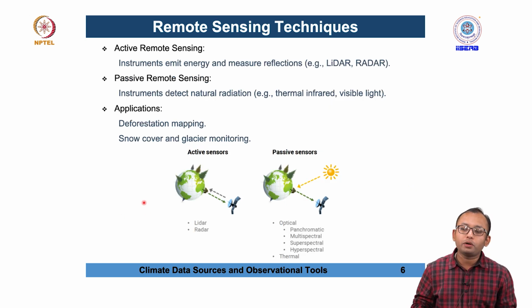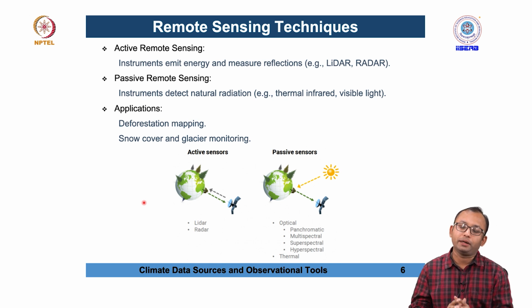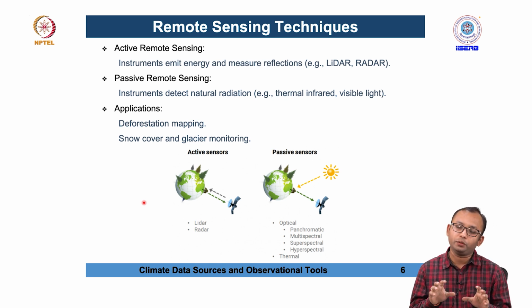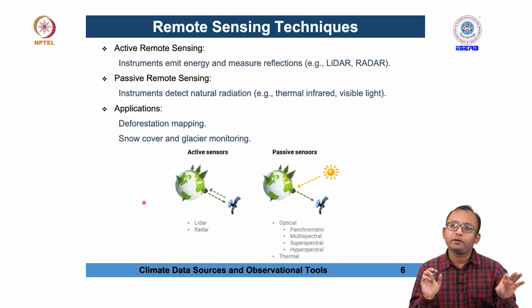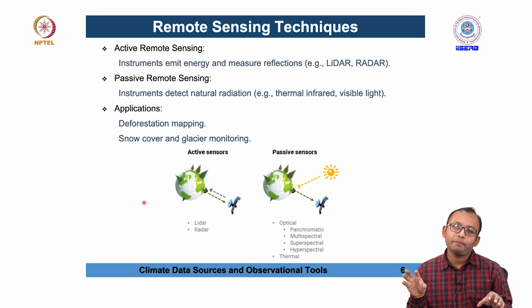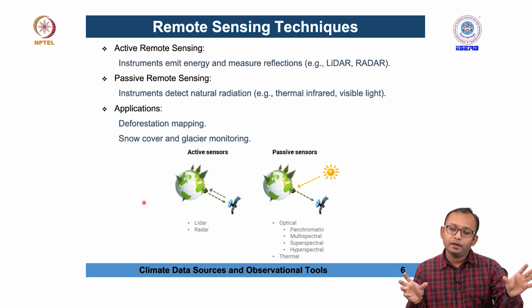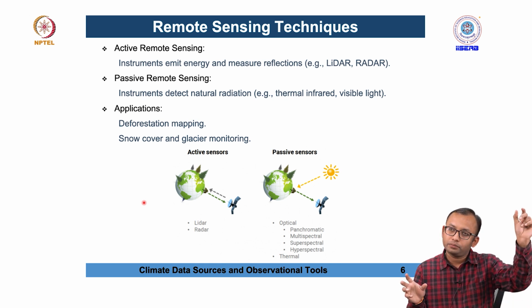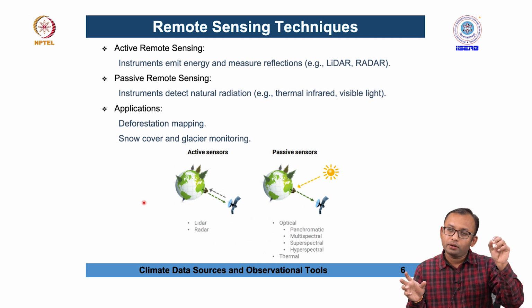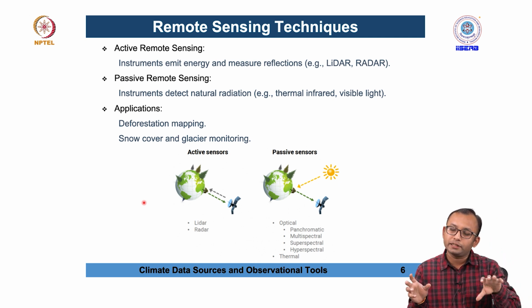So, when we talk about remote sensing data sets, they can be classified into two broader categories. One is called active remote sensing, another is called passive remote sensing. Active remote sensing, you can understand as those remote sensing methods where a device is also installed in the satellite system, which continuously throws radiation towards the target.